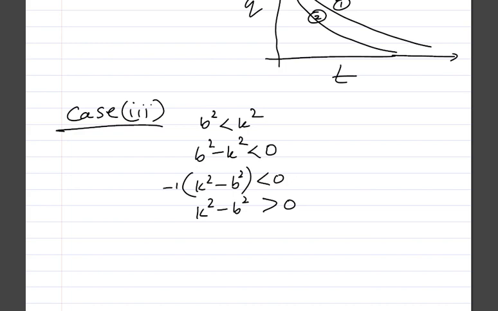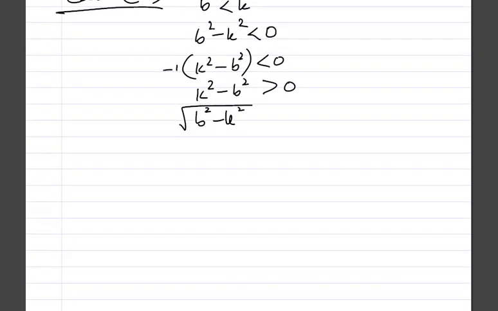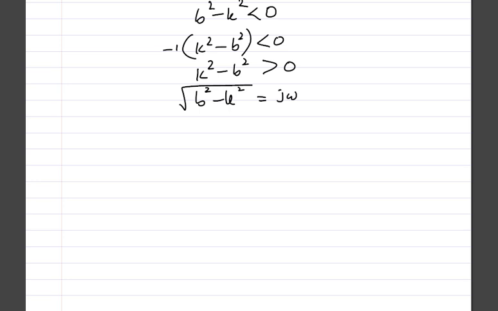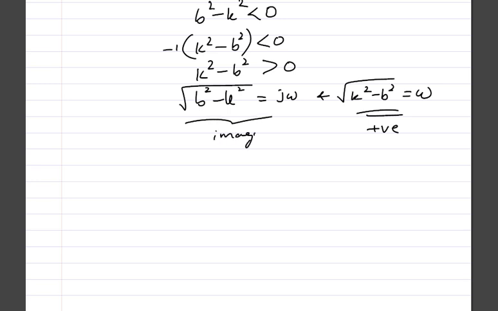Here we call square root of b square minus k square as j omega, and square root of k square minus b square as omega, which is positive. So this is positive, this is imaginary.